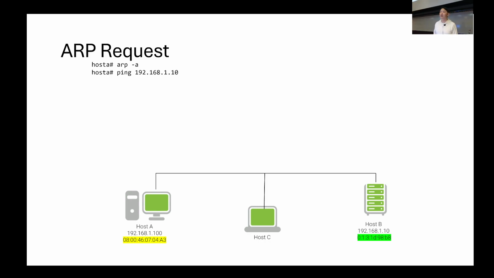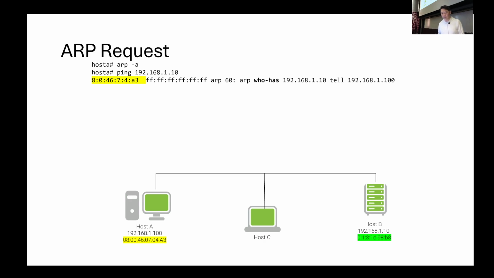What is the ping? It tests the reachability of a remote host, right? So ping and the target IP. It shows the reachability of the remote host that has this IP. Oh, this is not the return, this is the request.